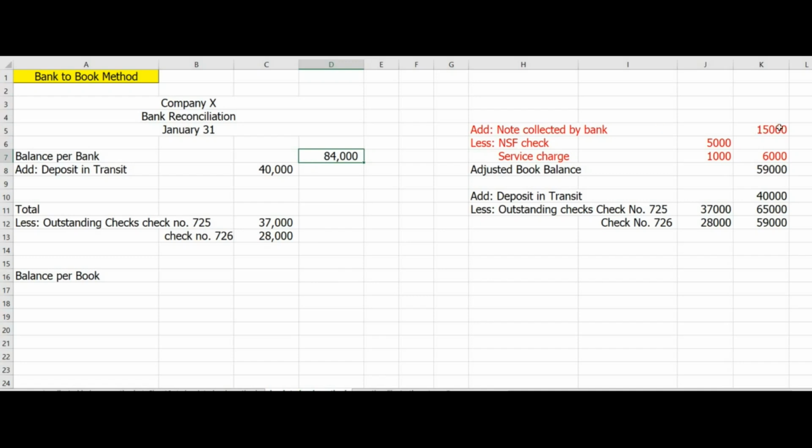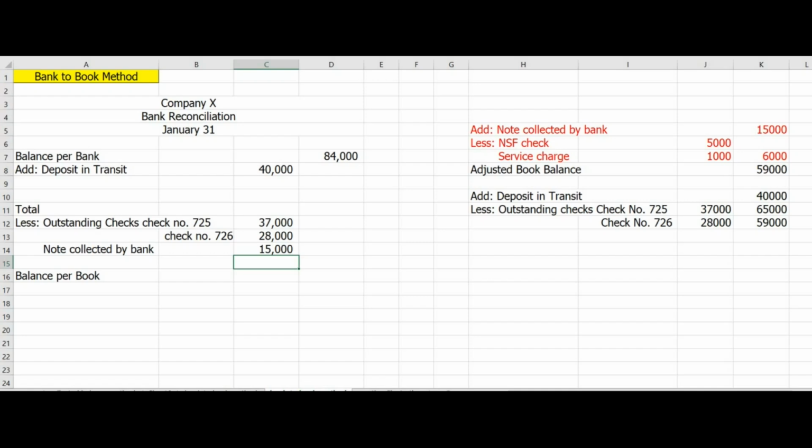So, since hindi pa itong 15,000 na-take up, no, sa ating book balance, what we have to do is we have to deduct, no, your credit memo or your note collected by bank. So, the amount is 15,000.